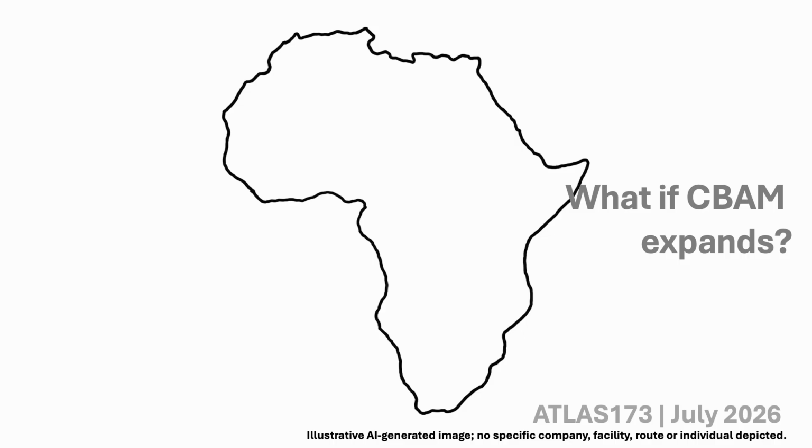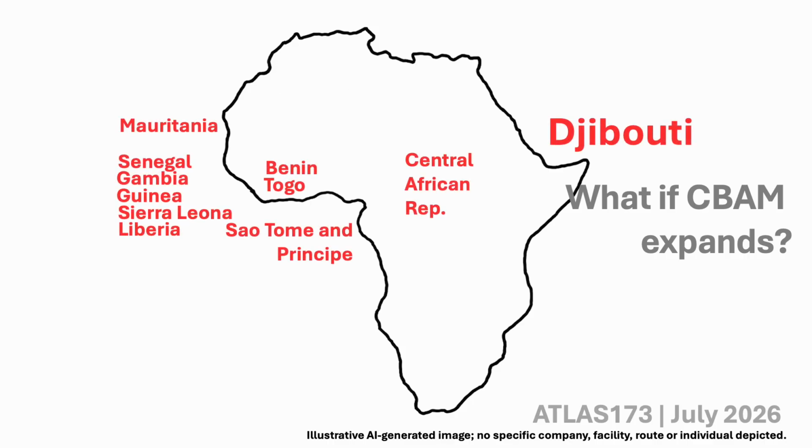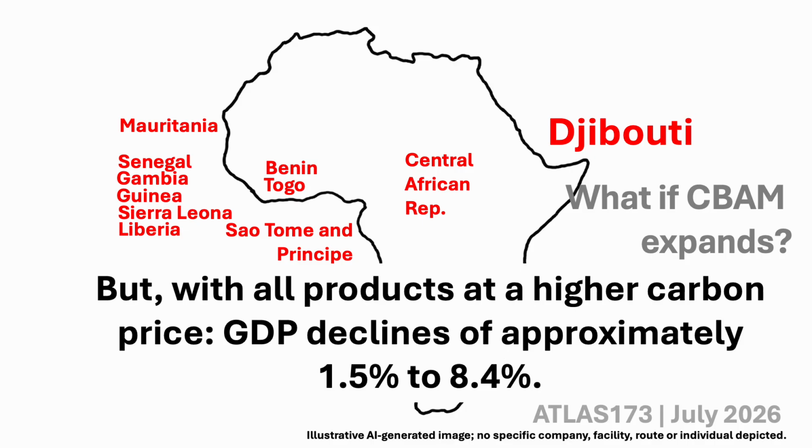The report of the African Climate Foundation and the London School of Economics modeled several different scenarios. Under the initial product scope, it projected limited economy-wide effects for African least developed countries. But it also examined a much more stringent hypothetical scenario in which CBAM covered essentially all imported products at a higher carbon price.